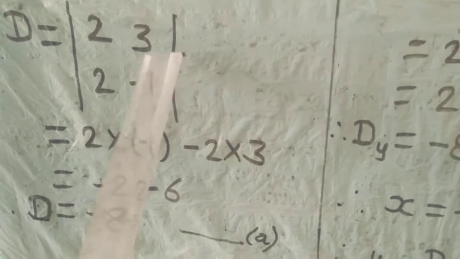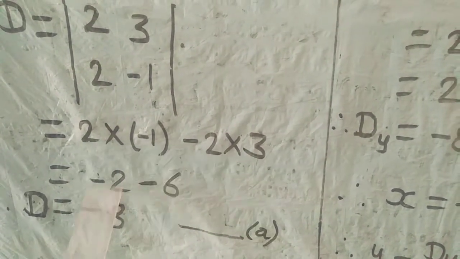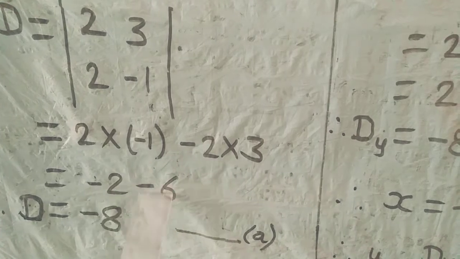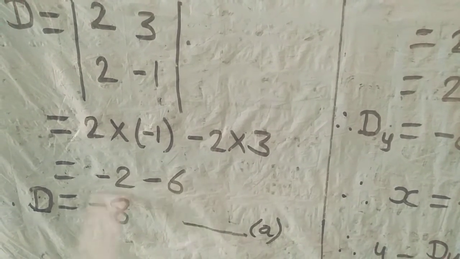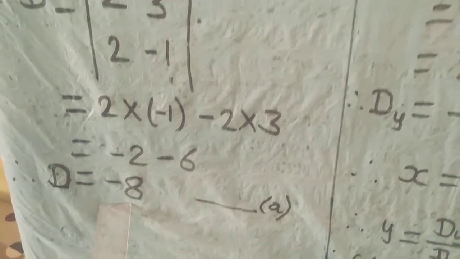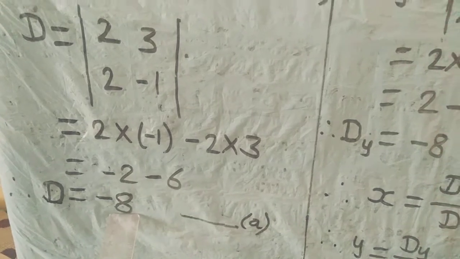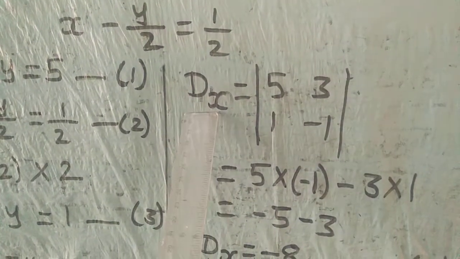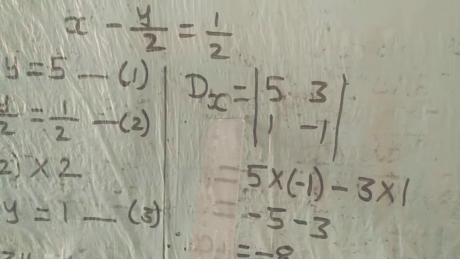You can also write 2 multiplied with 3. So 2 multiplied with minus 1 is minus 2, minus sign as it is, 2 multiplied with 3 is 6. So minus 2 minus 6 will be minus 8. Here negative signs are very important, otherwise your answer will be different. So concentrate on the negative sign.